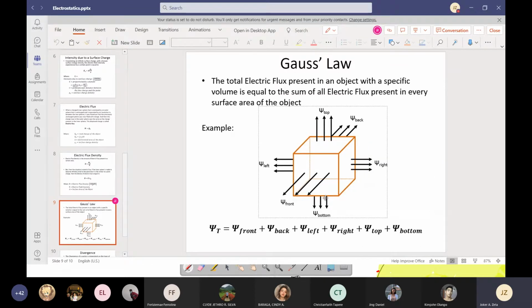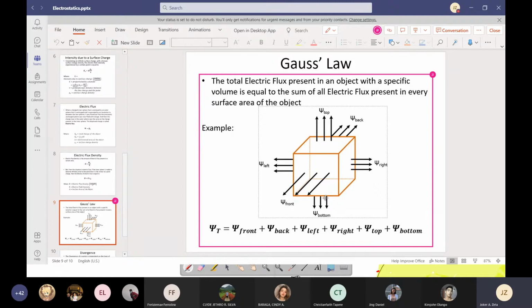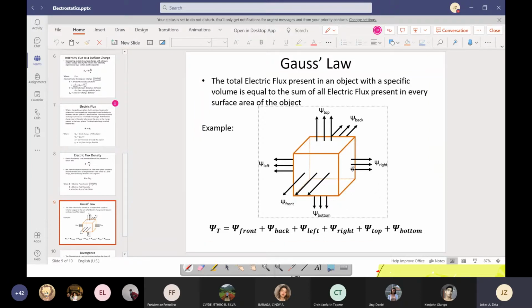That is how simple Gauss Law is. If you want to determine the total flux, just sum up the flux present in every surface.